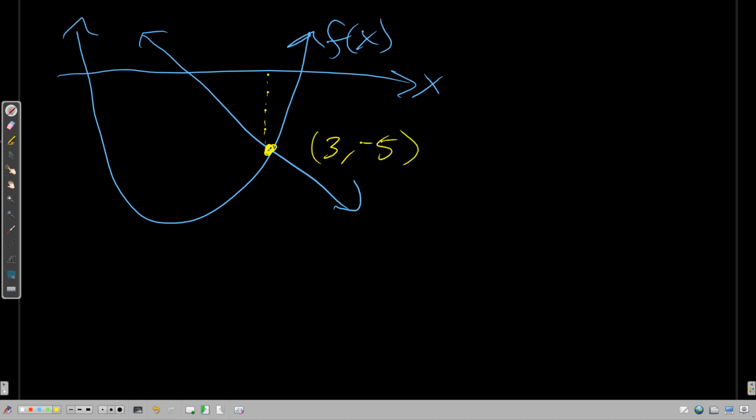And so what if you wanted this area here? What if I wanted that signed area right here? Okay, and this line is represented by L of x.